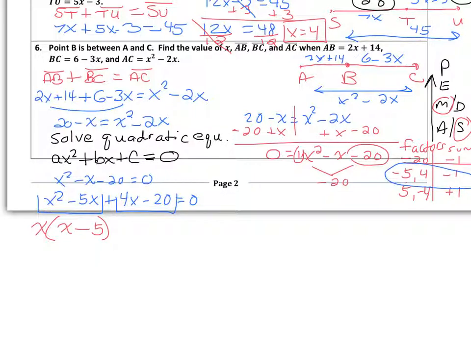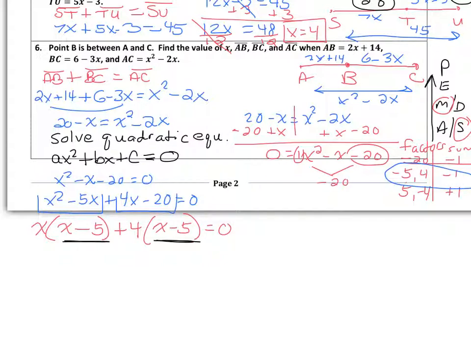Hopefully you see that the greatest common divisor out of the next two terms is, let's say, 4. So I'm going to go back to red and factor that out. 4x divided by 4 is just x, and negative 20 divided by 4 is negative 5. And hopefully you see here that if this quadratic is factorable, we're going to end up with the same term here, x minus 5, x minus 5.